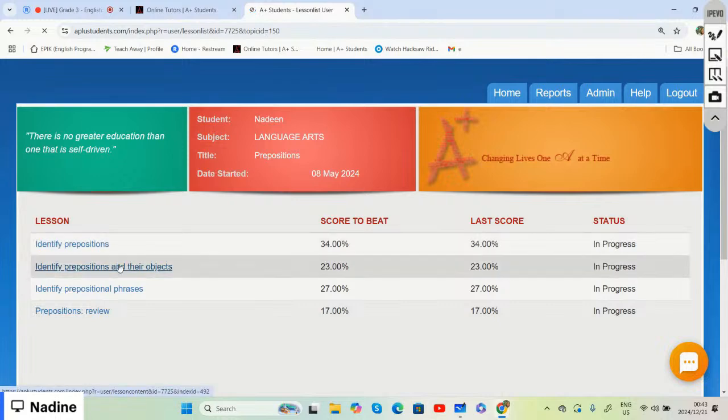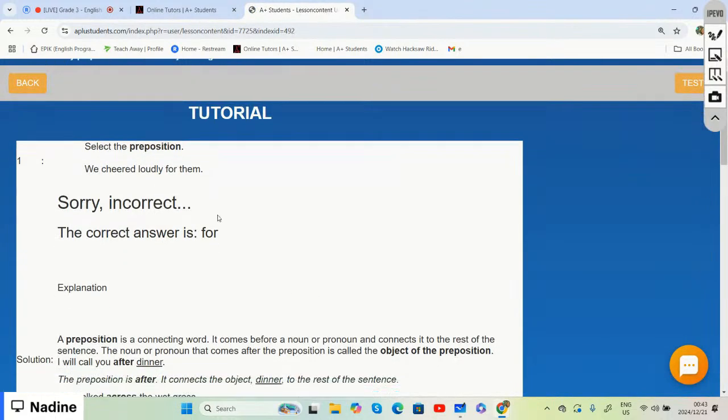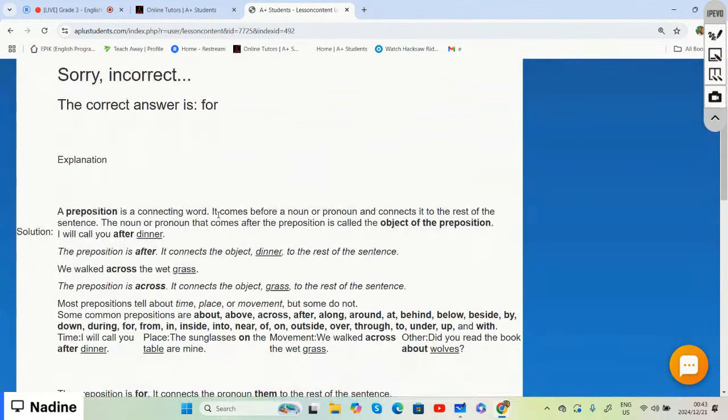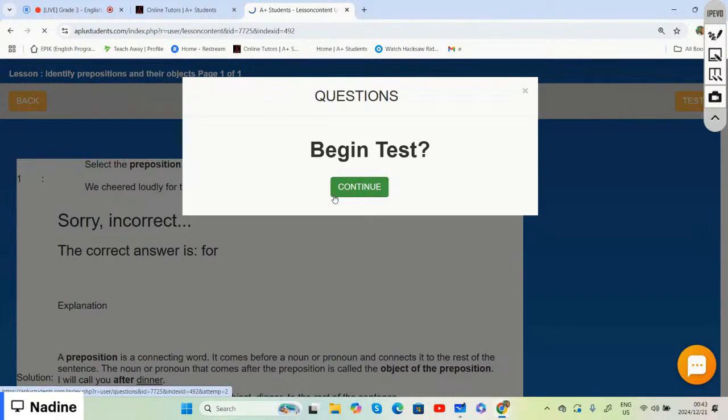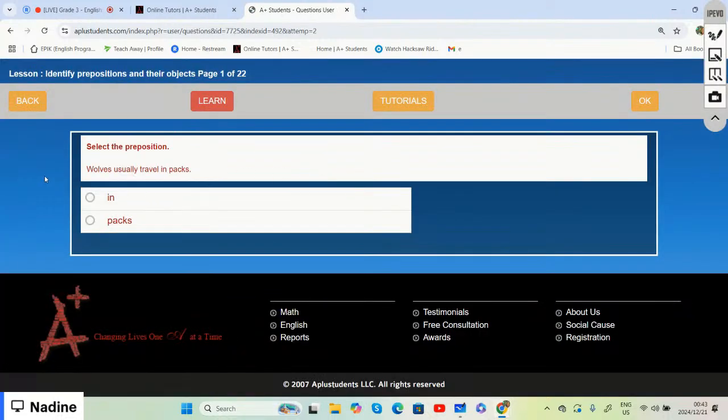All right, so now we're going to identify the preposition and its objects, right? And remember, we said that the object of preposition is that noun or that pronoun that comes after the preposition. So let's go to our test. It says, wolves usually travel in packs.